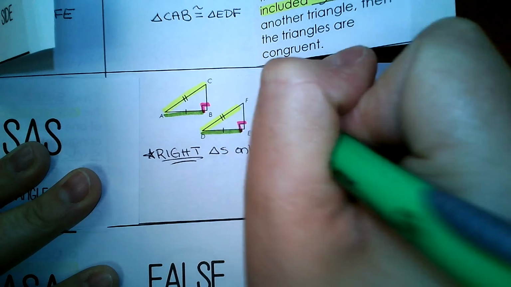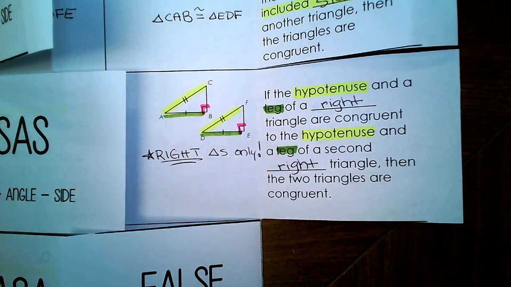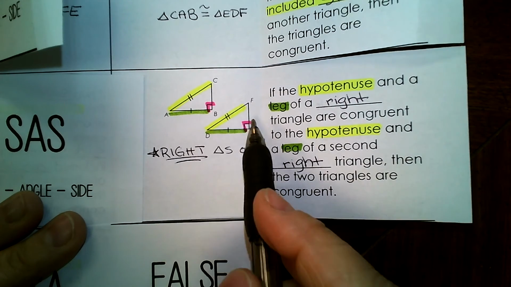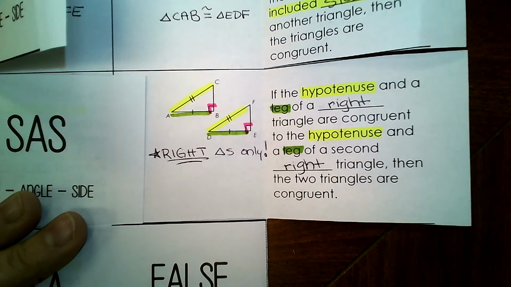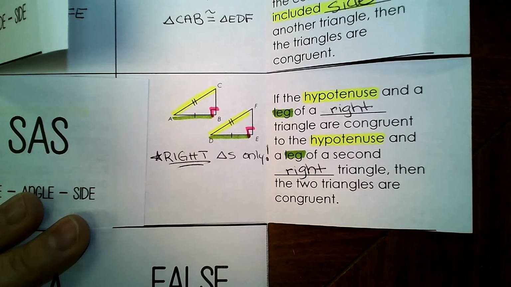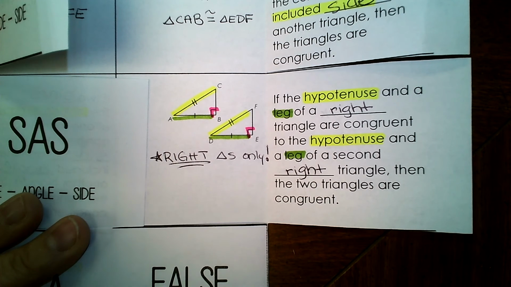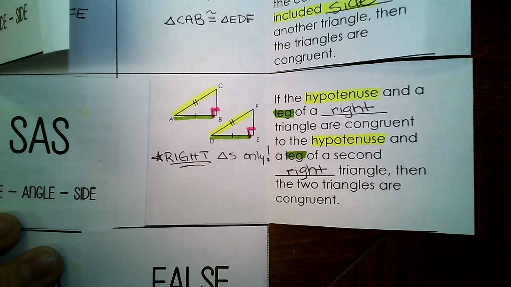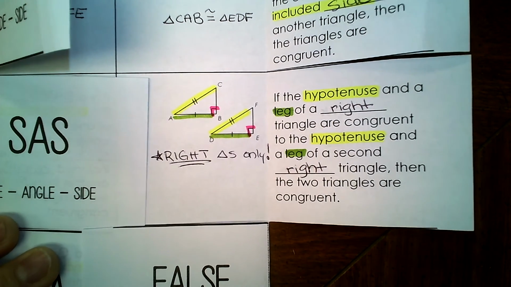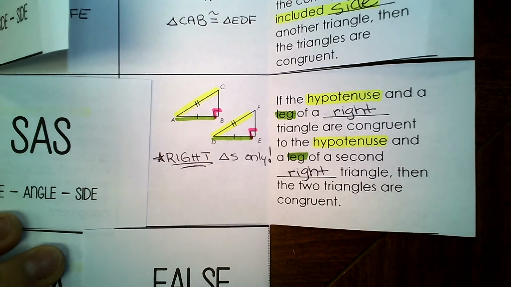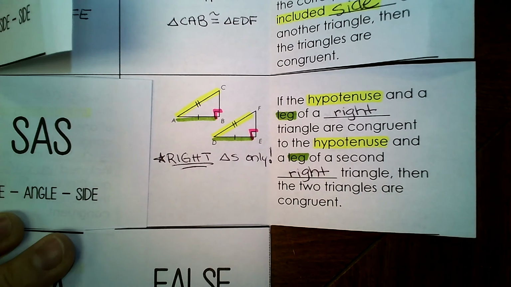Oh, the legs are the sides that are not the hypotenuse. There are two legs. We could have used CB and FE, but if you have one set of matching hypotenuses, hypotenuse, not sure how to say that plural, and one set of matching legs, then that is enough to prove that the two right triangles are congruent. You don't need to know anything else about the triangle.